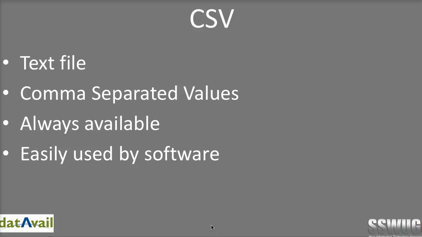CSV. This is a handy storage engine to use. It is basically a text file, comma separated values. These are the classic. You can open them up in Excel. You can open them up in your text editors, and it's the same thing. Something that you could have worked with in the 90s, you can read it now. It's always been available. It's easily used by software.